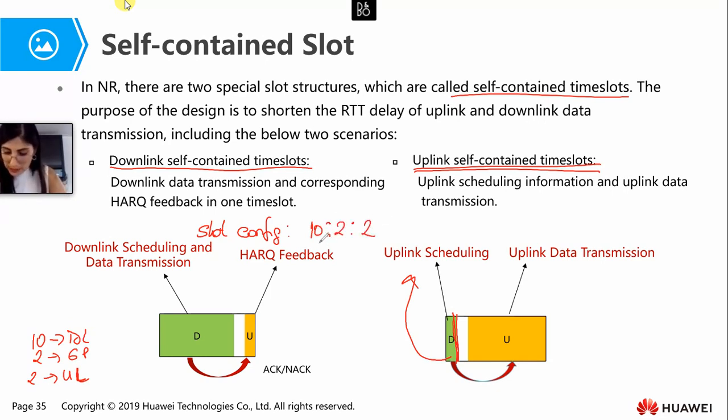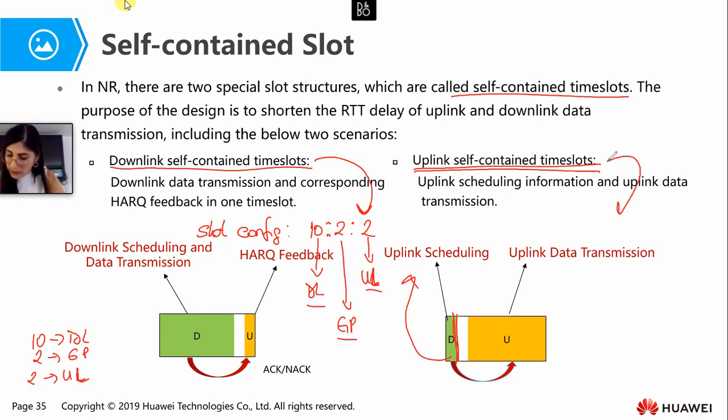You know that you have 10 downlink symbols, 2 symbols of guard period, and 2 symbols for uplink. The naming convention is always this one. The first one is the downlink, the last one is the uplink, and in the middle we find the guard period. So if you find something like this, this means that this is a downlink self-contained time slot.